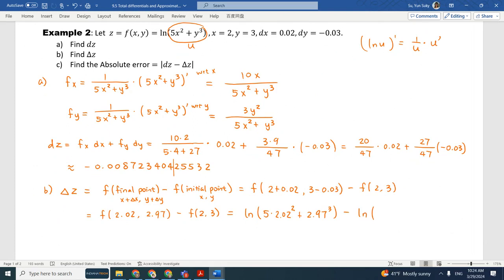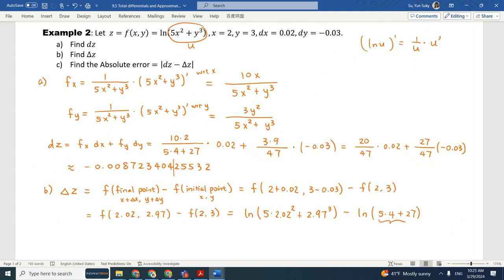So plugging in the initial point again, x is 2. So 5 times, what is 2 squared? 4. Plus y is 3, 3 cubed. 27, yeah. 27. Okay, good.